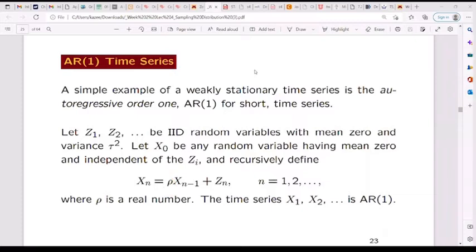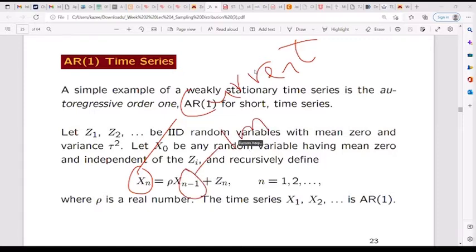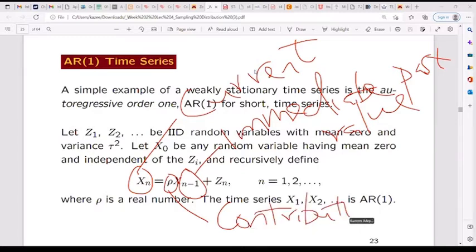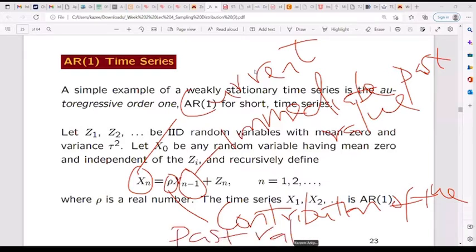If you take a look at what I have here, this guy here is the current value of a series, this guy here is the immediate past value, and this guy here is like the contribution. You're talking about the contribution of the past value to the present, to the current one.